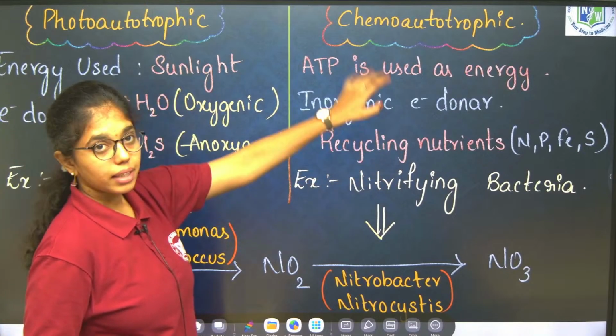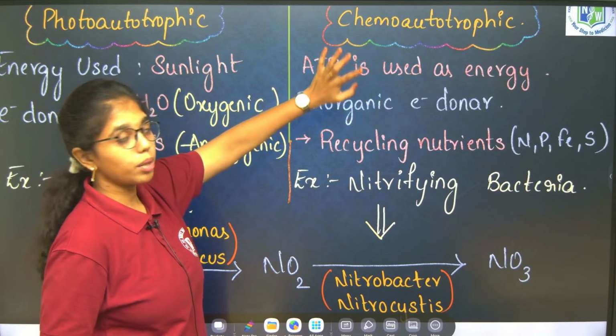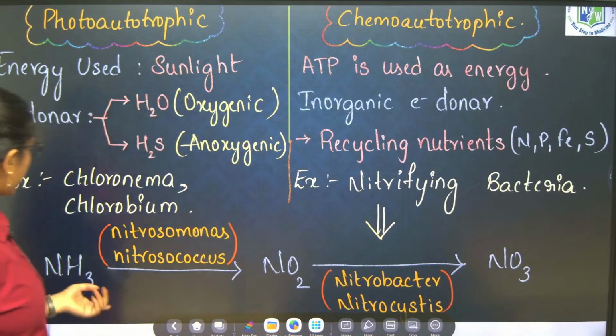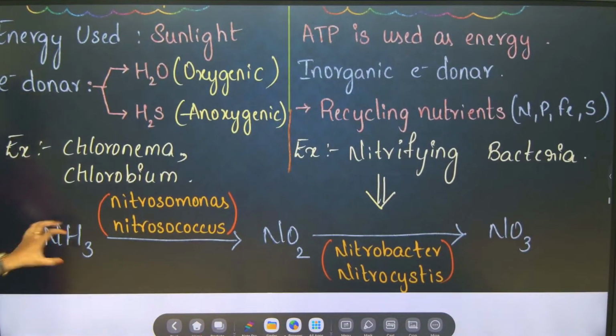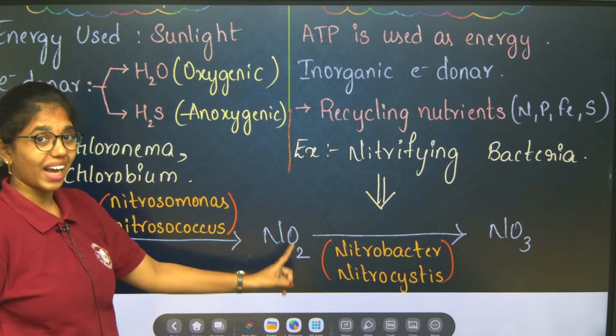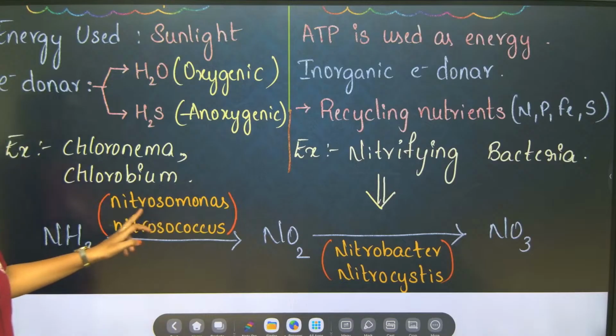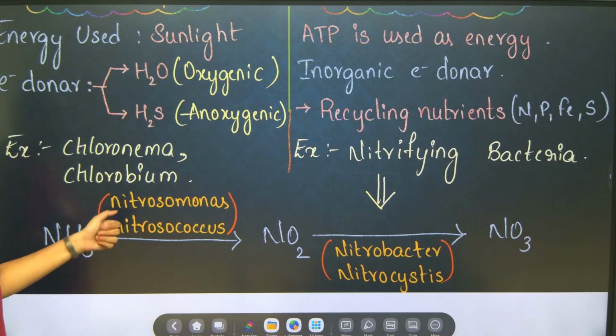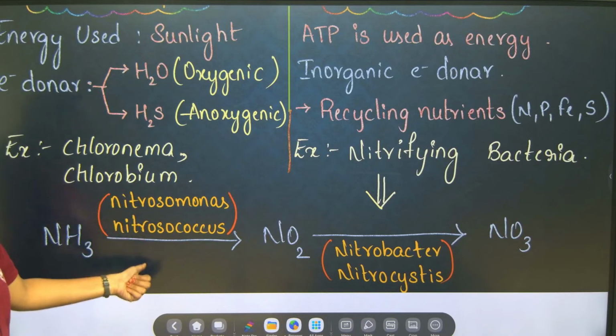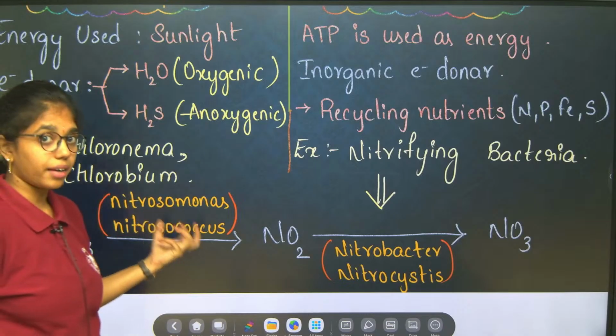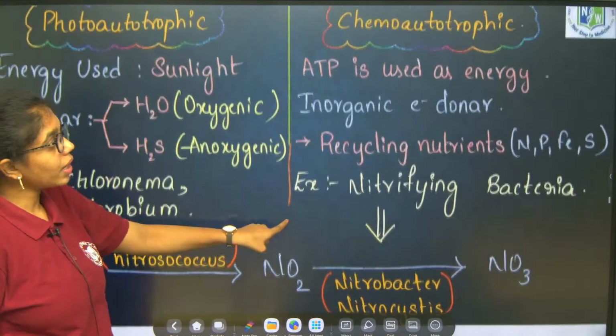Nitrifying bacteria are the best example for what? Chemoautotrophic nutrition. Clear now? First, ammonia gets converted to nitrates by bacteria, those are Nitrosomonas and Nitrosococcus. These are the best examples for what?